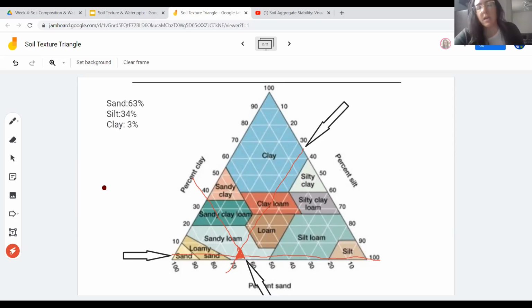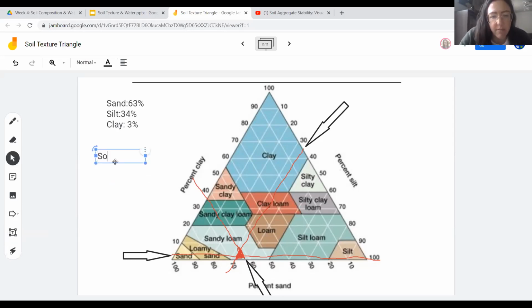And if I'm thinking about why that's important, I would think, okay, my soil is more sandy than silt or clay, which means, if you think back to what we were talking about in terms of water holding capacity, what would this soil tend to do if it's a little bit more sandy?